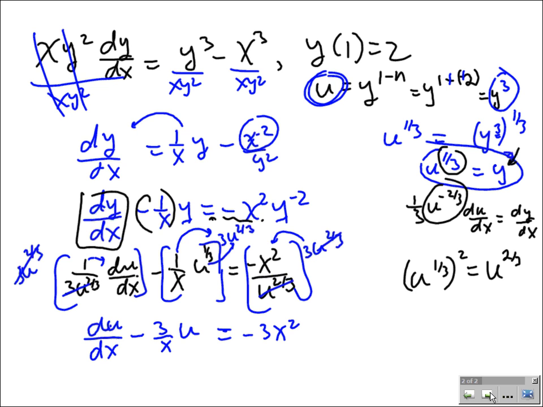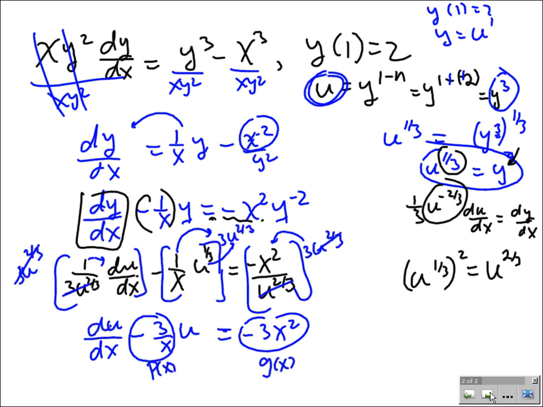Now this here is linear. This is my p of x, and this here is my g of x. And I want to write down a couple of things. y of 1 is 2, and y is u to the 1/3.